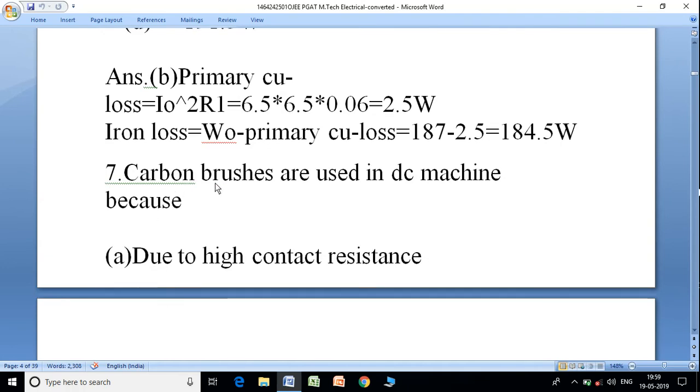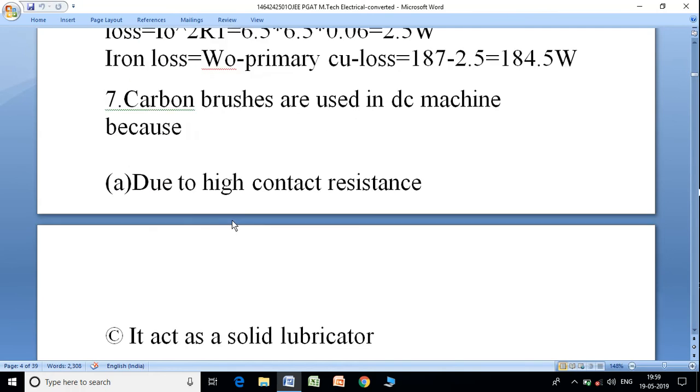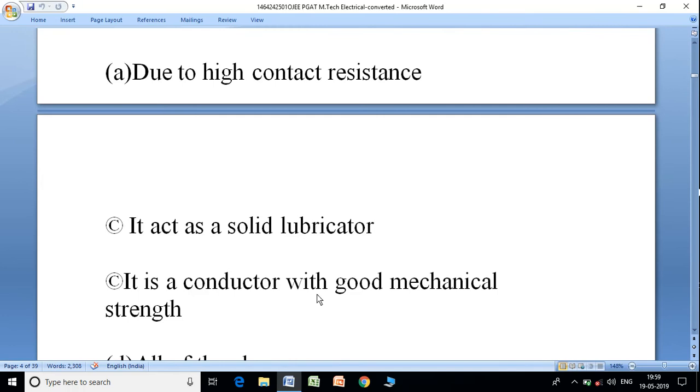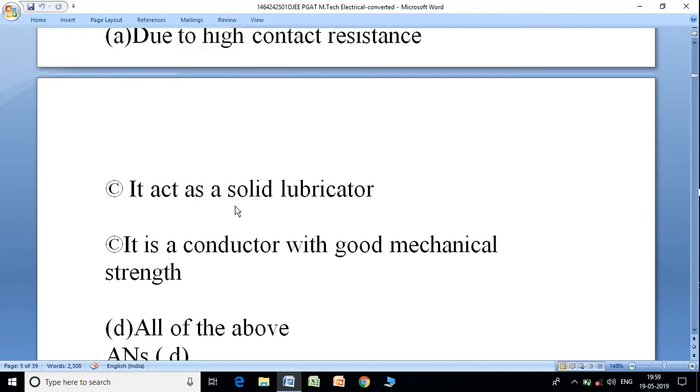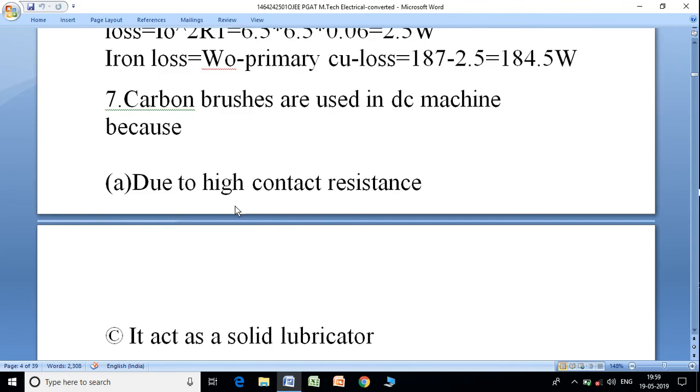Next question, carbon brushes are used in this machine because due to high contact resistance, it acts as a solid lubricator. It is a conductor with a good mechanical strength. All of the above. So answer all of the above is correct, because the carbon is a high resistive material. As the resistance is high, the commutation becomes a good commutation.